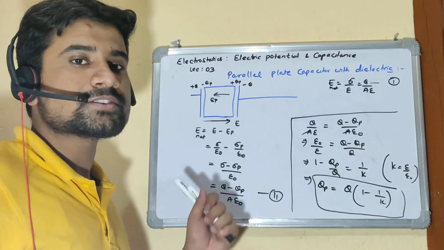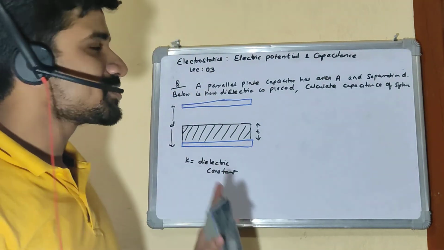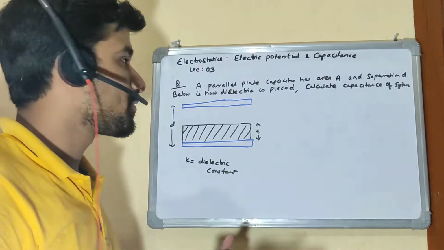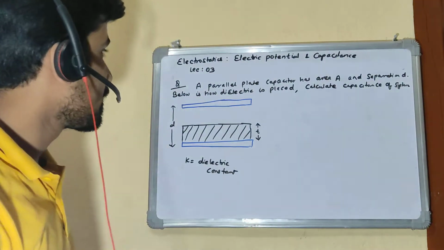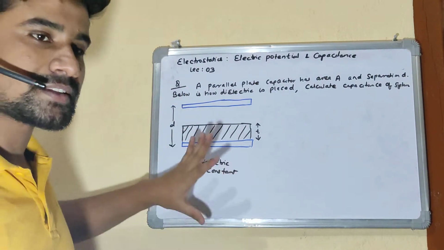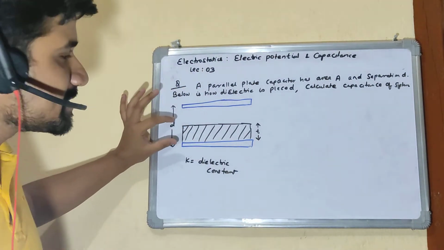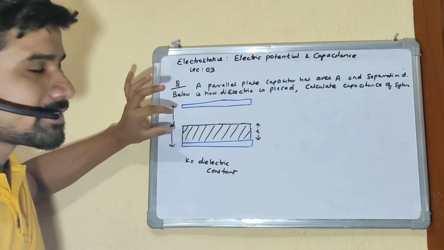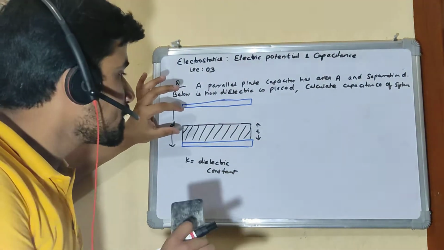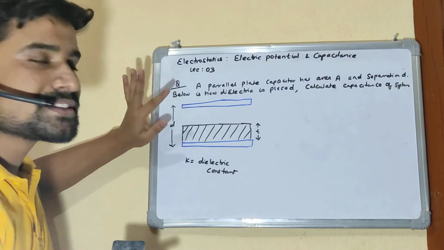Okay, let's solve a problem on these topics. So let's solve a problem on this system of capacitor which we have discussed. This is a capacitor; these blue lines indicate the plates of a parallel plate capacitor, and there is a dielectric inserted in between these plates. You see this dielectric is not covering all the region of the capacitor.